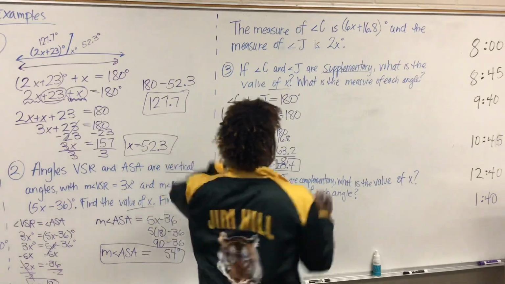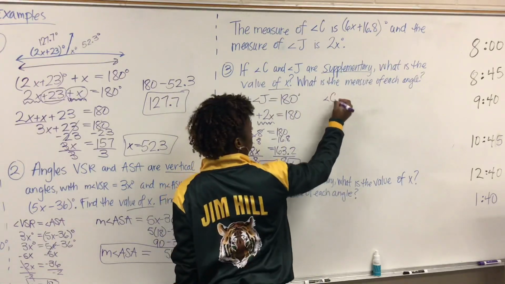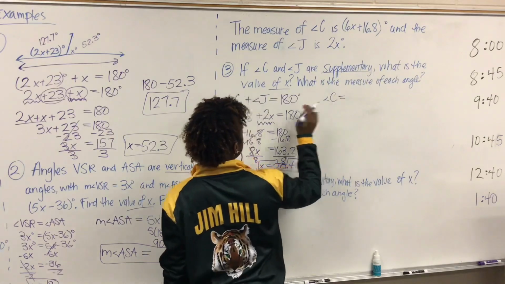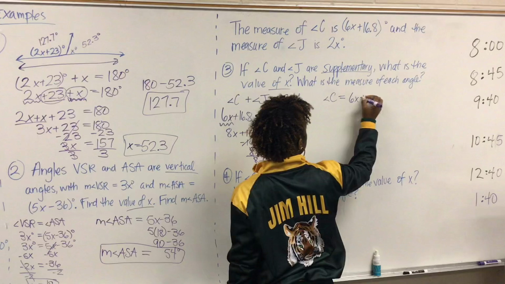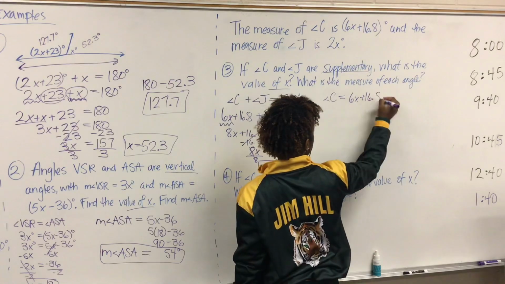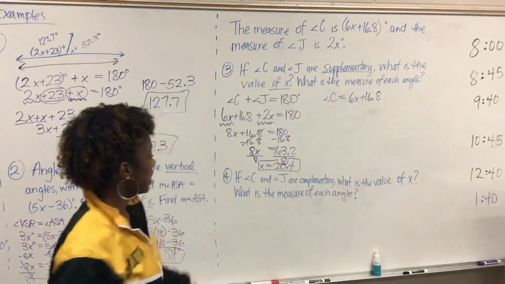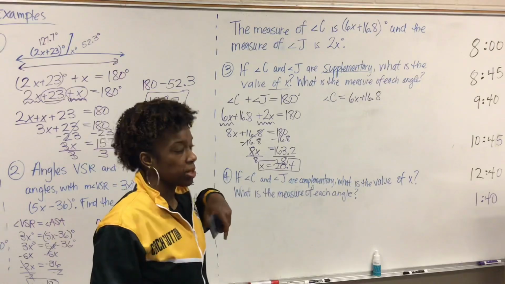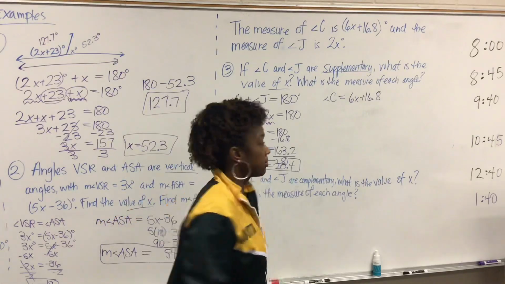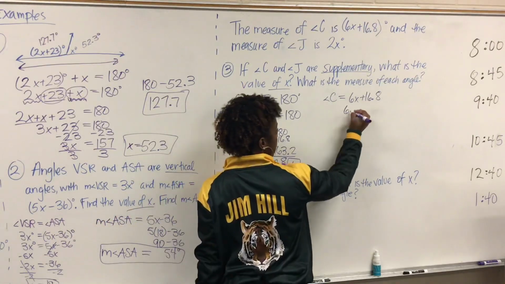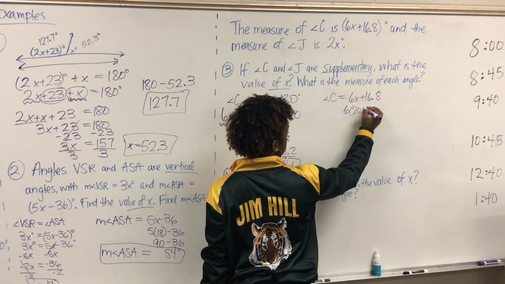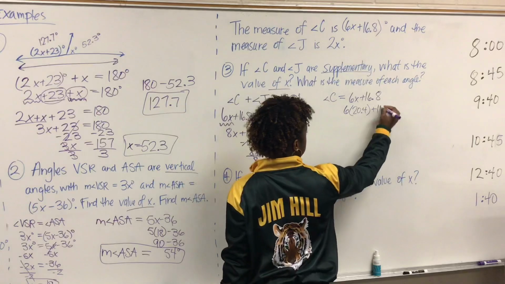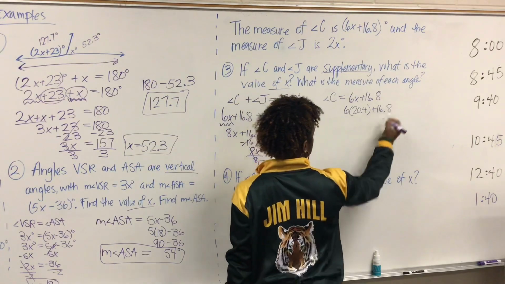First I'm going to take angle C. That equals 6x plus 16.8. I'm going to plug in my answer, 20.4, for x. So that's 6 times my answer, 20.4, plus 16.8.